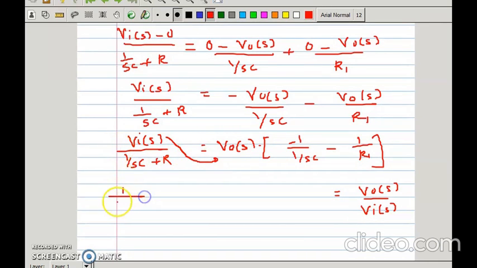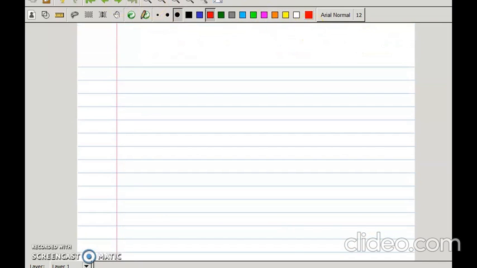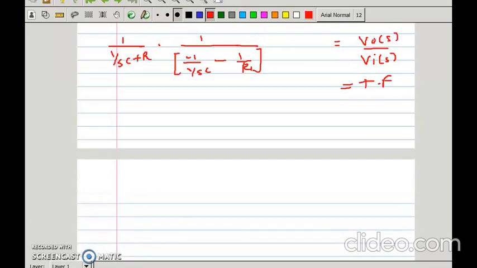So 1 upon SC plus R into 1 upon minus 1 upon SC minus 1 upon R1. Okay, so this becomes the transfer function now. Let's move on to the next page.